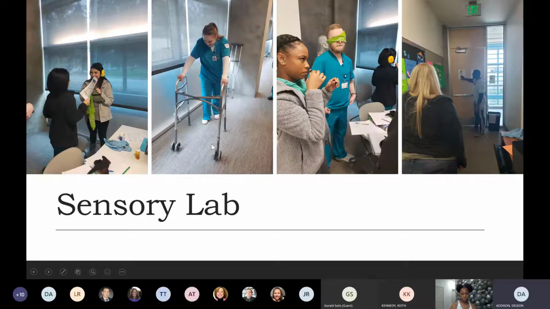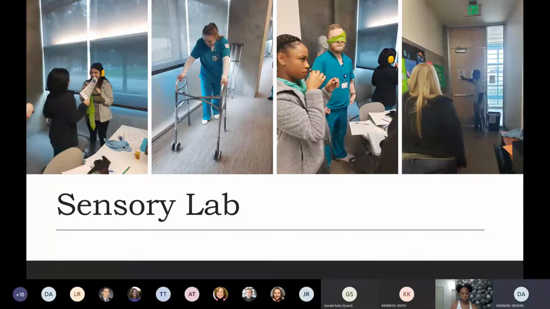The next activity that I do in my classroom that the students enjoyed is sensory lab. I do not lecture on this particular chapter in the book. I set up my classroom in stations for the day, and the students have to go through the stations, and they experience deficits as much as I can try to have them experience deficits of sensory.